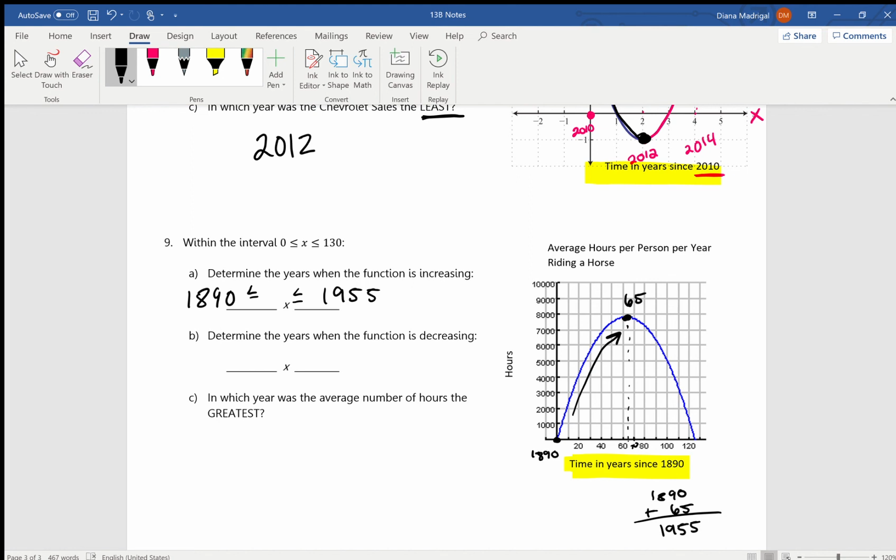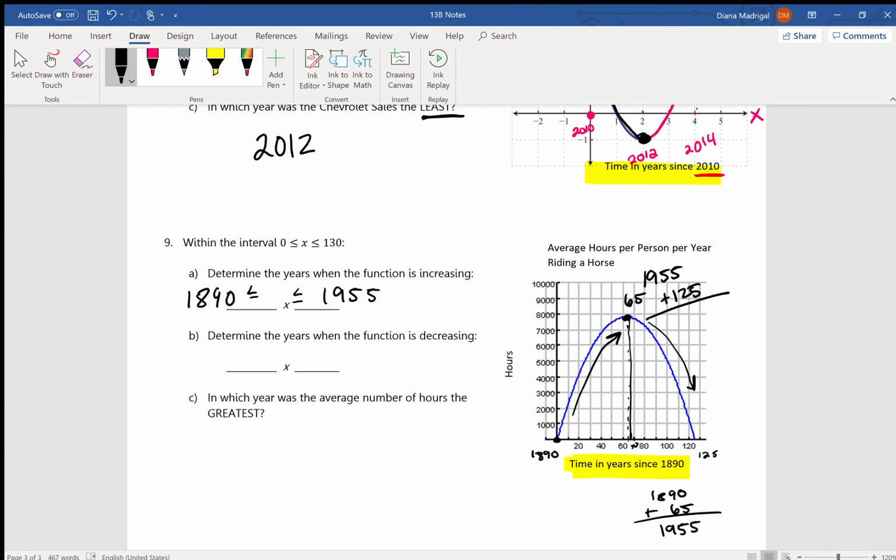All right. So it says determine the years when the function is decreasing, which is this side over here. And you should have put 125. So we already know what year this is. This year is 1955. So 1955 plus 125 will give me the year.